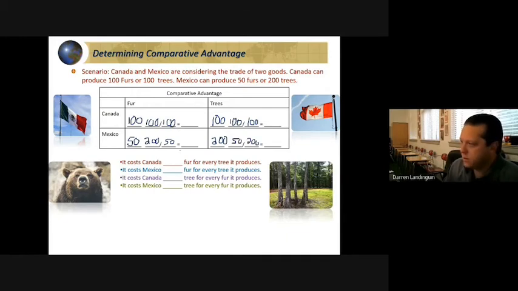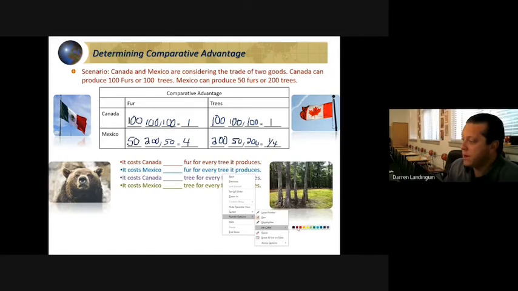Now, again, the goal here is to reduce these down to their most common form. So 100 over 100 is very easy, obviously. Breaks down to 1 on both sides. And then on this side, 200 over 50 reduces down to 4. 50 over 200, 1/4.